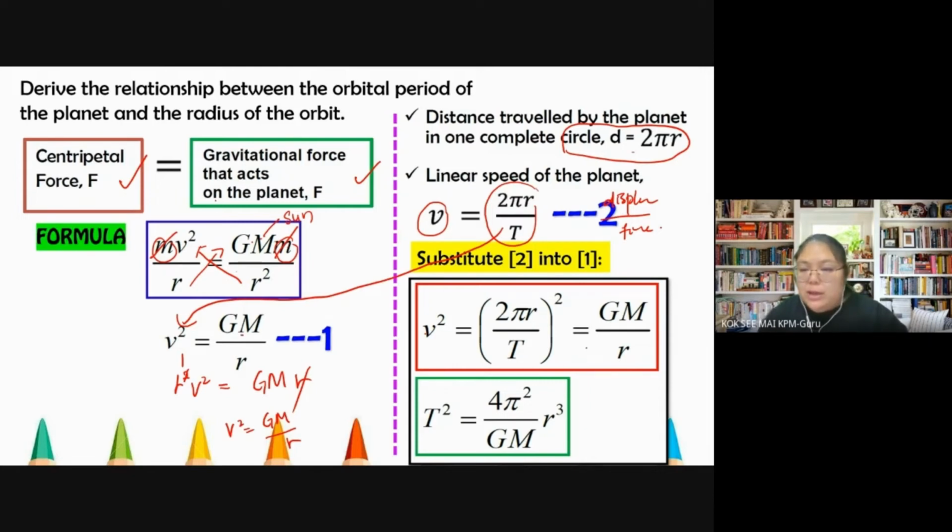Now we can see which one we can cancel. Actually, nothing can cancel. The r also cannot cancel, because when you cross over, this r squared, the r goes up and becomes r cubed.